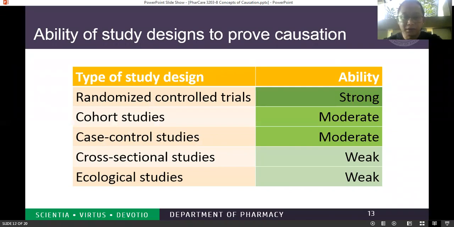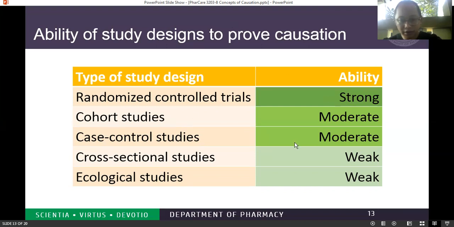Then here is the table. If we have randomized control trial designs, this is very expensive because we are doing an experiment on the participants. Then we have to provide health insurance to anticipate something happening to the participants. So the ability to prove causation is strong for the RCT.